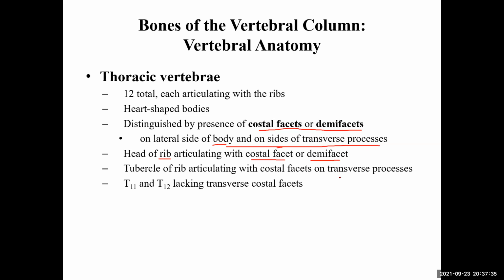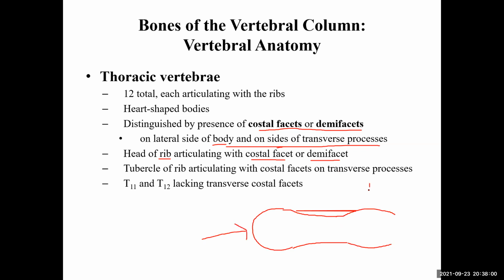You'll also notice on ribs that you'll have the head, which is this one end of the rib, and then the head tapers down a little bit and turns into what we call the neck of the rib. And then there's going to be another bump on the rib before we get to the shaft. The head articulates with the body of the vertebra.